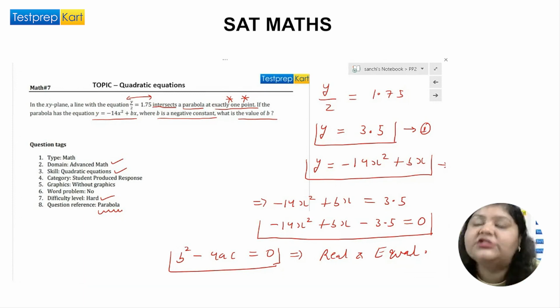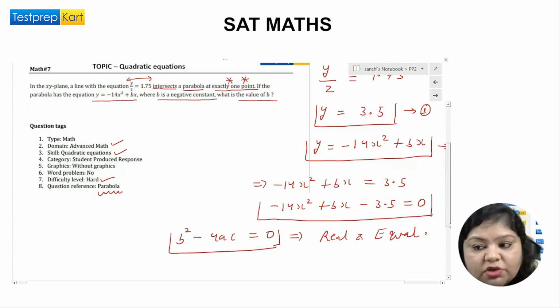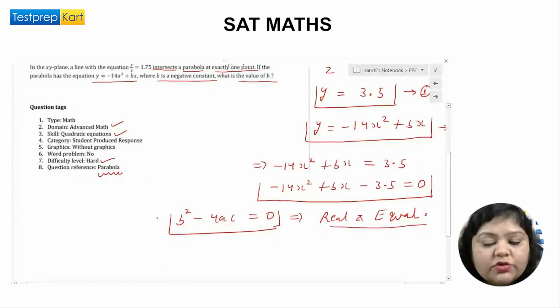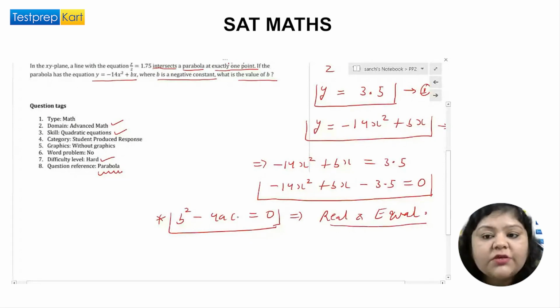That means, of course, there will be only 1 point of intersection, but there will be two roots. They are the equal ones. So you have to use this concept, and because we know that is possible in this case only, you have to put down for this equation b square minus 4ac equals 0.